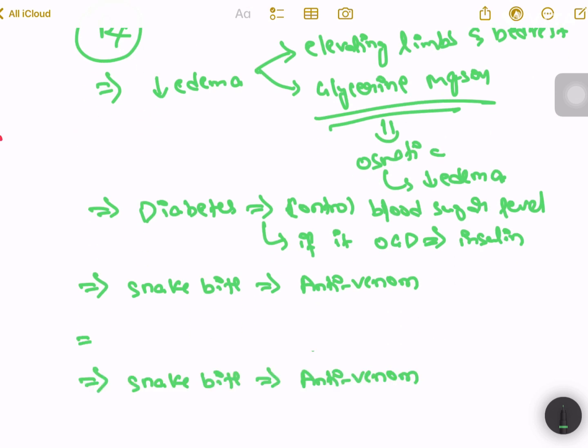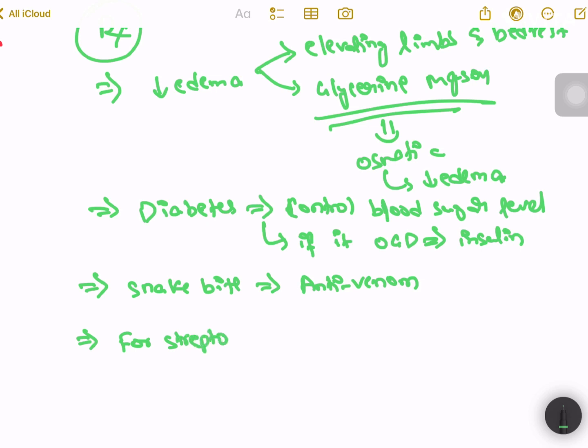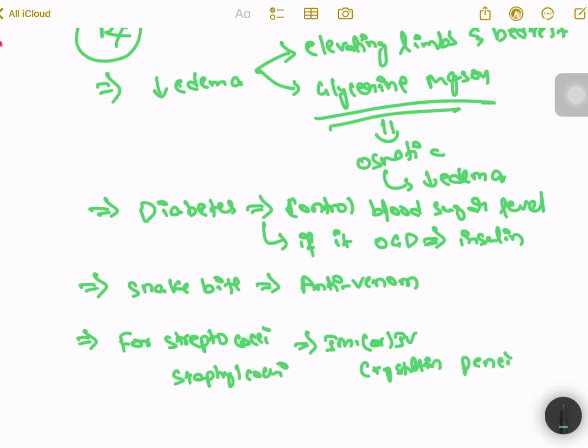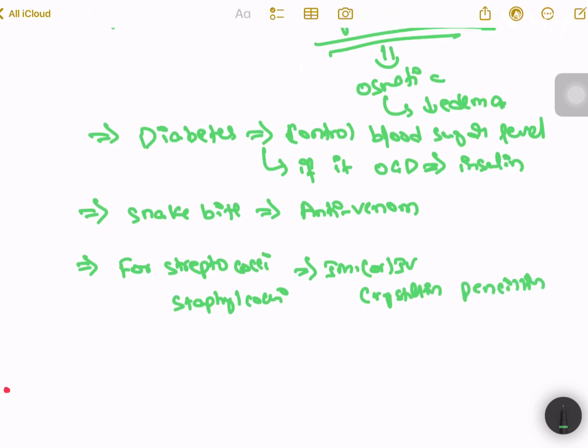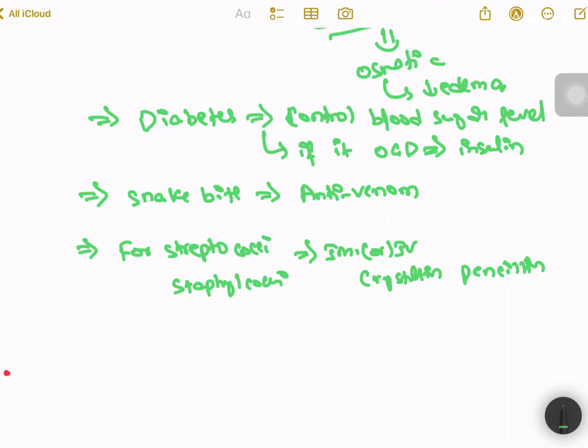Next, for Staphylococcus aureus infection, Staphylococcus or Streptococcus, whatever it is, what will we use? Yes, you are correct. It is penicillins. So we will use intramuscular or IV crystalline penicillin. What is the schedule?